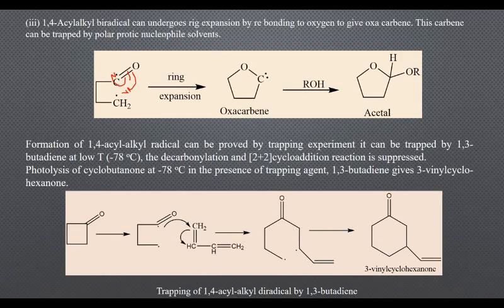In the presence of alcohol, it will give an acetal. In the presence of a trapping agent like 1,3-butadiene, it gives us a 3-vinyl cyclohexanone after ring expansion.